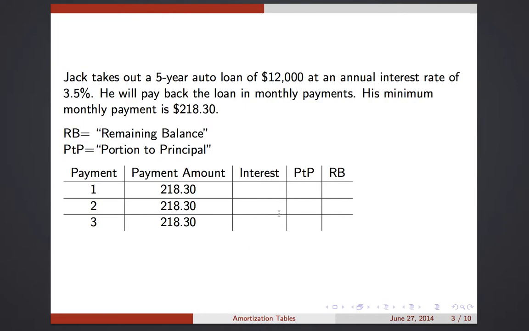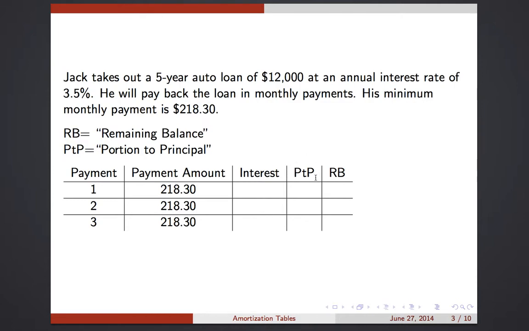The interest column is keeping track of how much of each payment the bank is just pocketing as interest. Interest is just a fee that the bank charges you since they've loaned you this money. Every time you write a check to the bank, they're going to keep some of that money as interest. So this entry is just going to keep track of how much of this check the bank just pocketed.